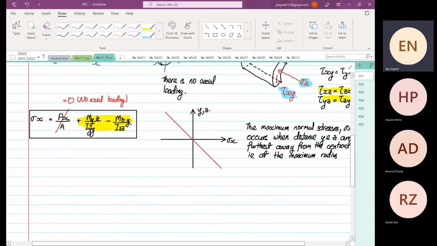So if we look at our shearing stress, I'm going to write out the general formula. The shear stress, you realize I did not write any direction over here, is equal to, just to remind you, this is under axial loading or axial force. This is due to bending moment.